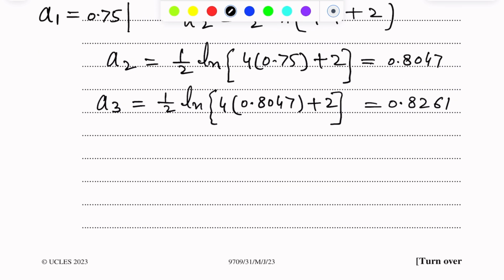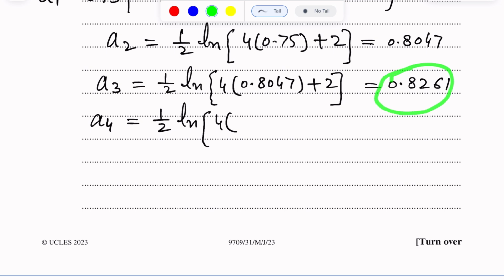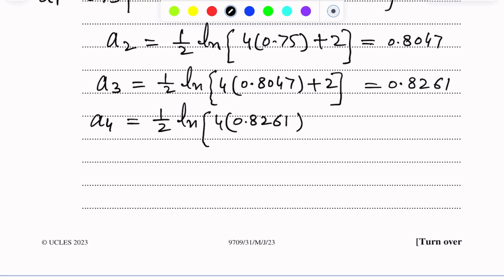Now A4. The iterations are not converging yet. Next, we have to find A4, that is 1 over 2 log(4 into A3, which is 0.8261, plus 2).